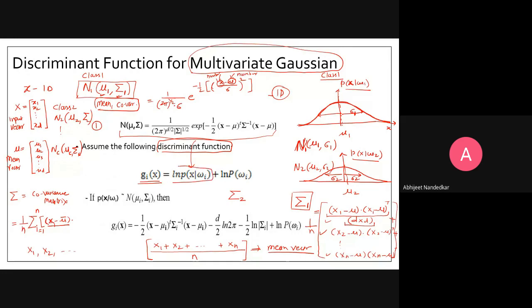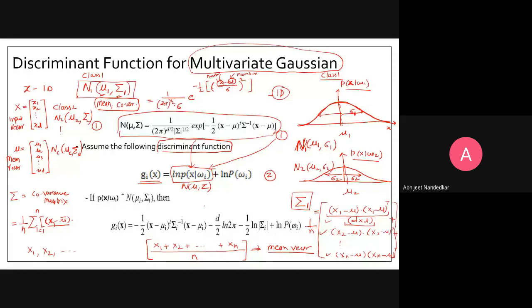This is my likelihood, which is of the form like this, and it is given by this equation. Let us say this is equation number 1, and I substitute it in equation 2. So I bring this here.